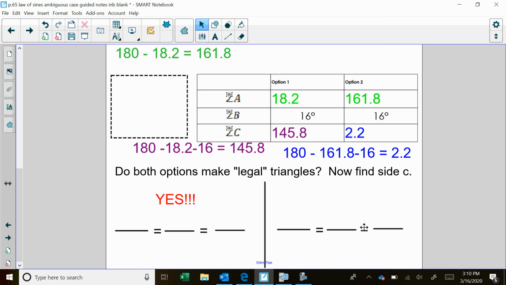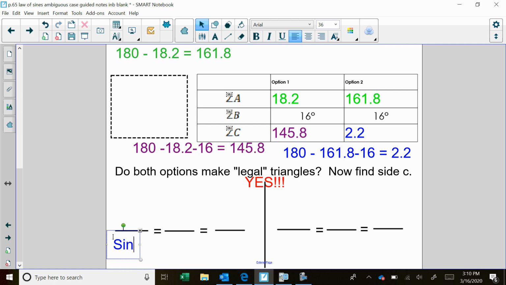All right, so we now have 2 law of sines setups, and these are the angles that you have. Option 1 over here is sine 18.2, sine 16, and sine 145.8.